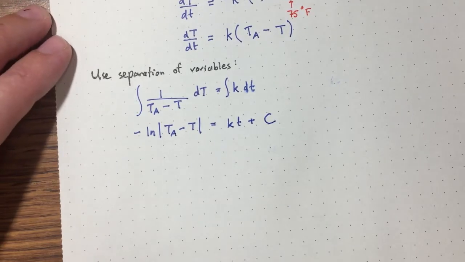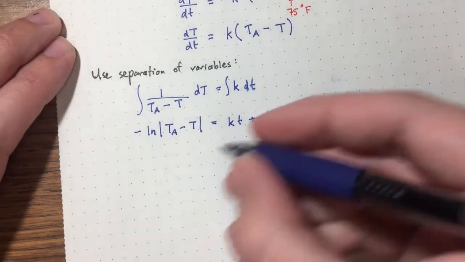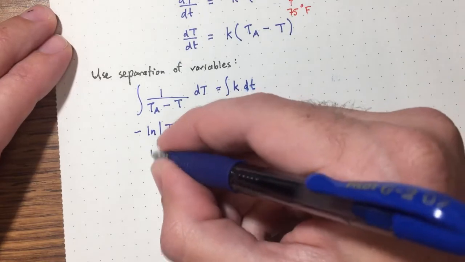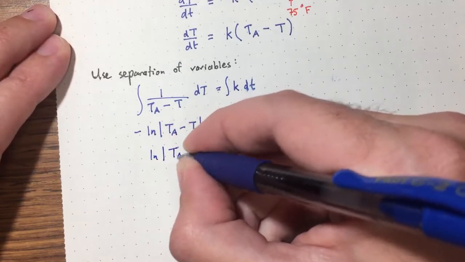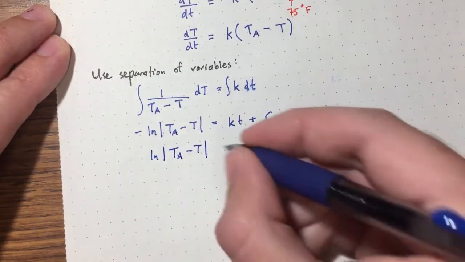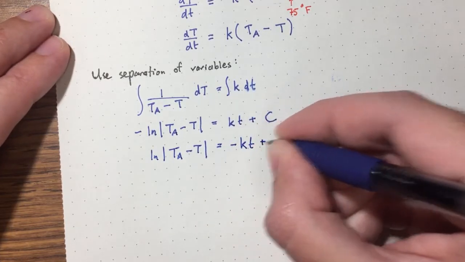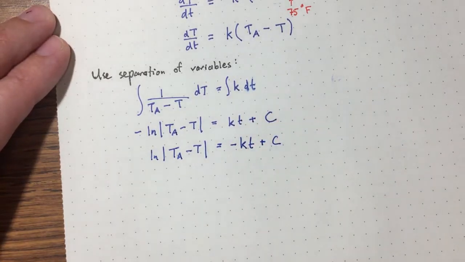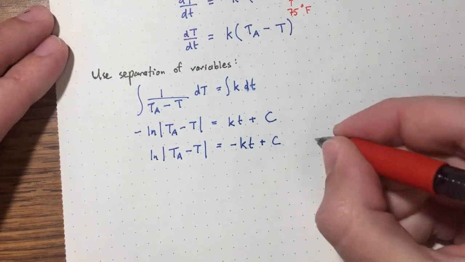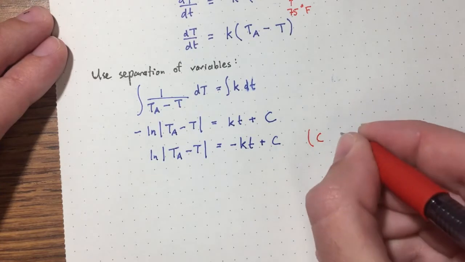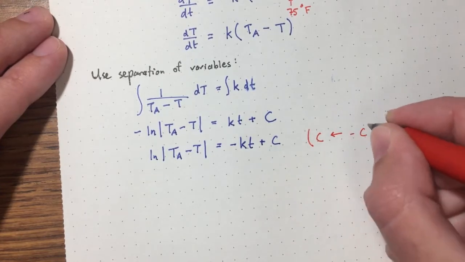And let's go ahead and solve this for capital T. So it's the natural log of the absolute value, and then the minus sign comes on this side. I can just write plus c again. I don't need to write minus c because minus c and plus c are both just as arbitrary, right? So technically I'm replacing c with minus c here.